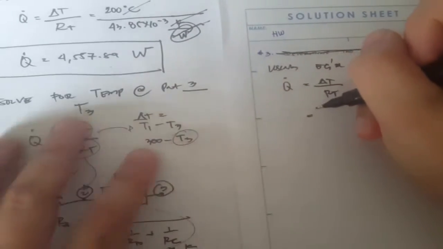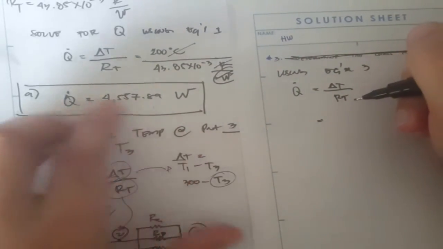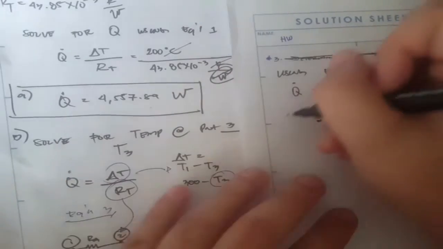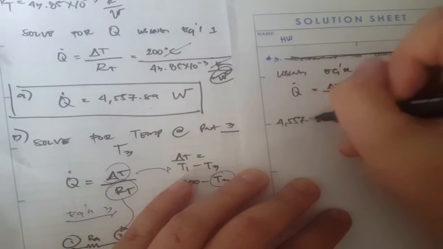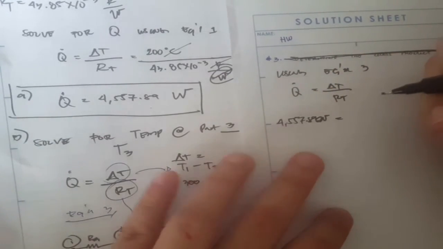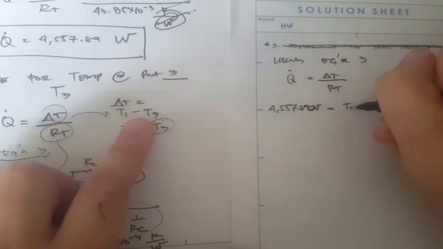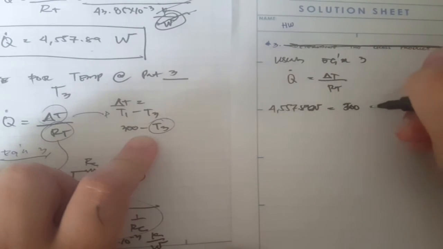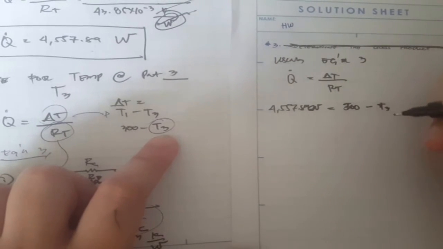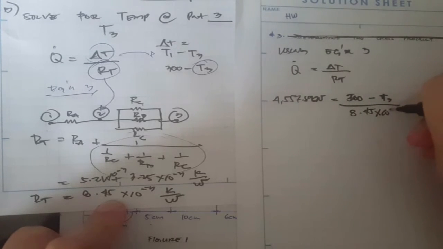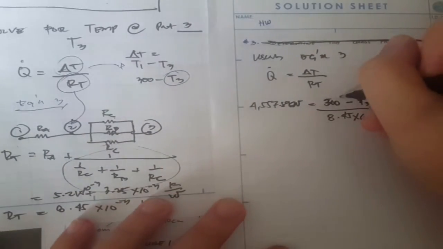Since our heat transfer rate is equal to 4557.89 watts, then our delta T, which is T1, 300 minus T3, all over our RT, which is 8.45 times 10 to the negative 3 K per W, in degrees C.